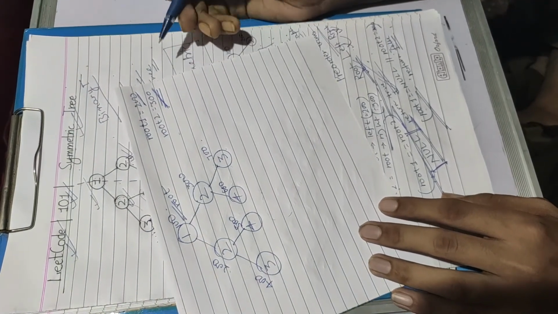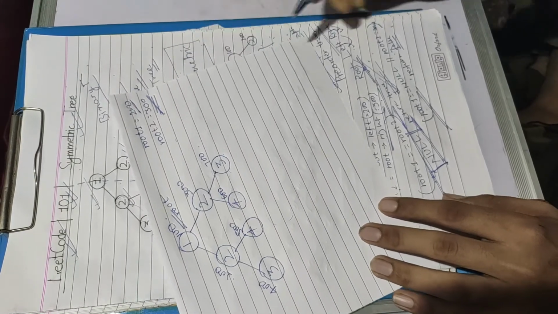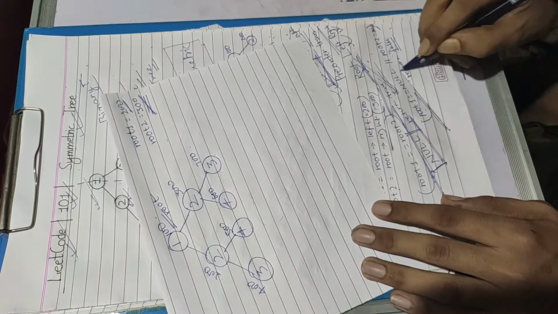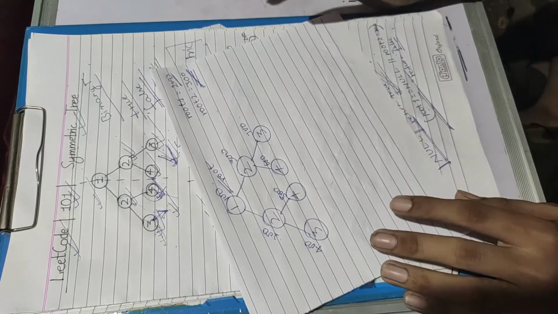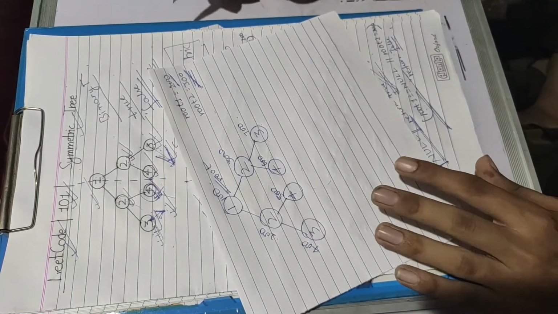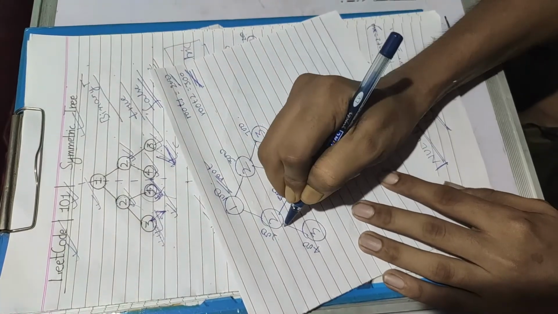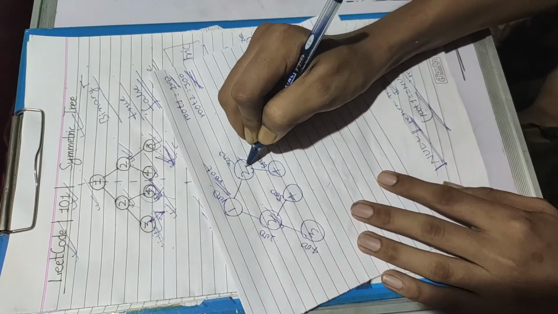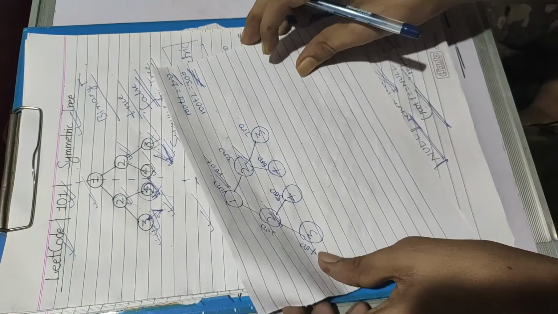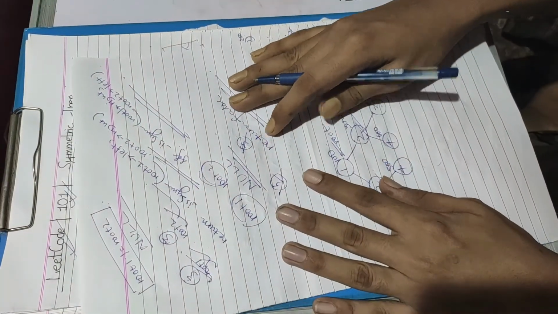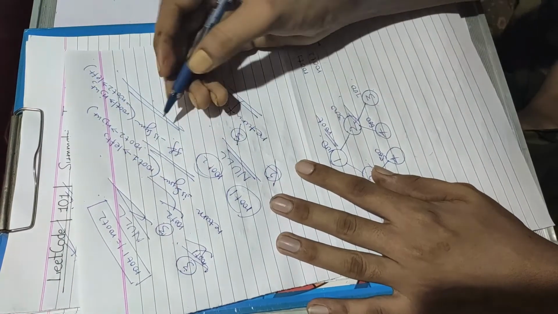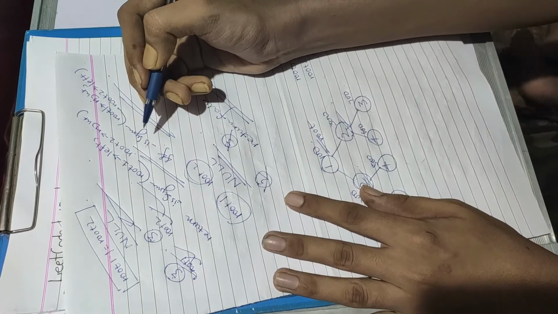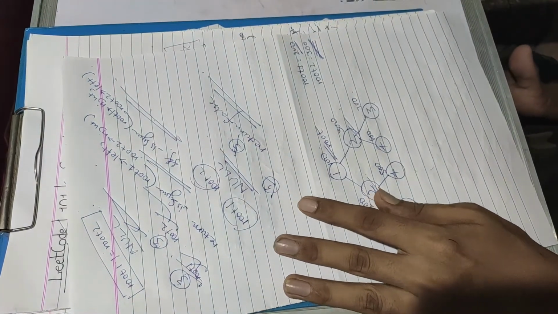That means root 1 is not equal to root 2, and none of them are null. Then we will check the value inside the nodes. We have 2 here and 2 here. Good. If this condition matches, then we will recursively call the function.